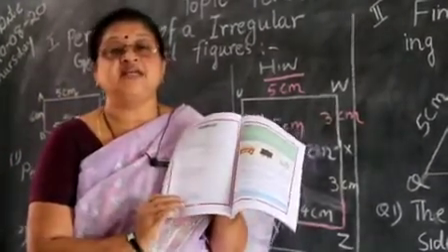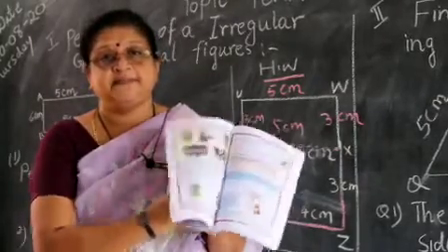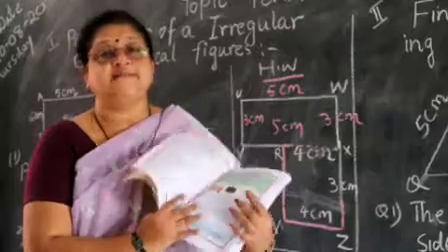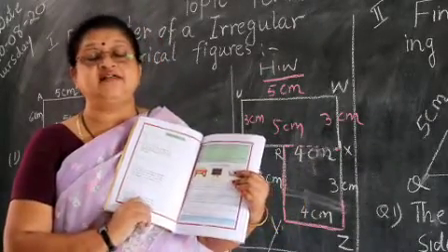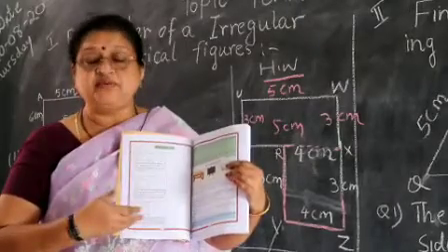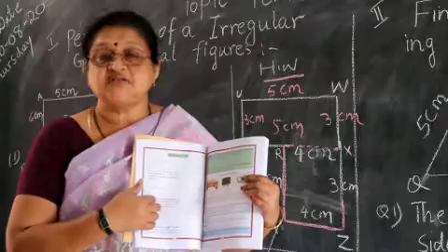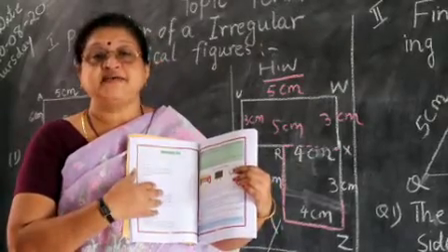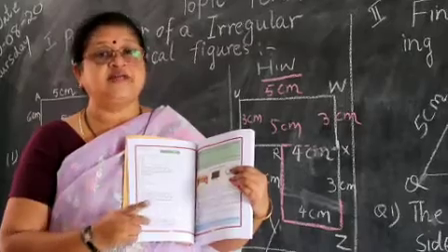In page number 6, finding out the third side. How to find the third side. I have already shown you how to find it for the rectangle, triangle. You have other figures here. 3 sums are given. The perimeter is given and 2 sides are given. You have to find the third side. It's very simple. I hope you have understood.